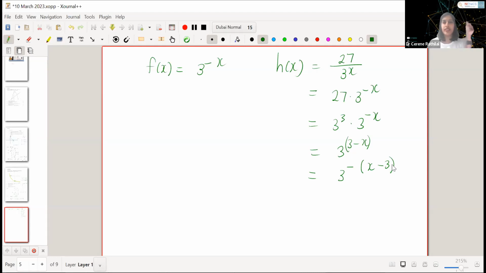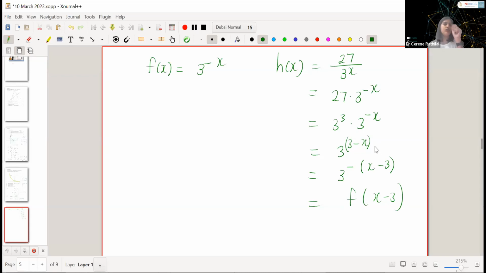Can you see that this now slightly resembles the form of f of x? So this is now nothing but f of x minus 3. Do you agree? Look at that. You simply replace the x by x minus 3, and you would then get out h of x. So essentially, h of x is equal to f of x minus 3.